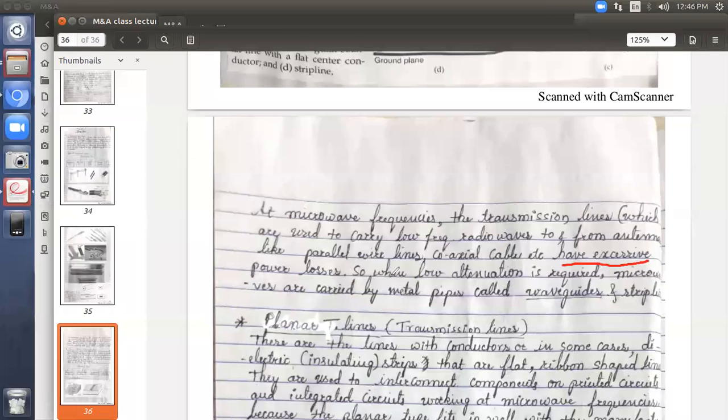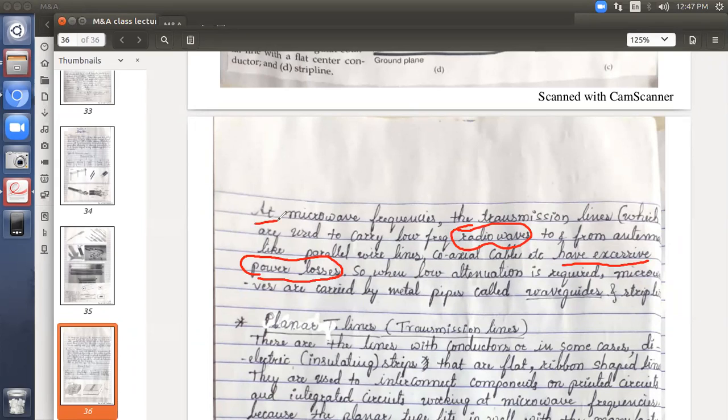They have excessive power losses. That is the reason. For radio frequency, they use this. Some towers will be there, the pillars, the support. Then the wires will be laid parallel to each other. That is how even KPTCL works, right? The power will be supplied.